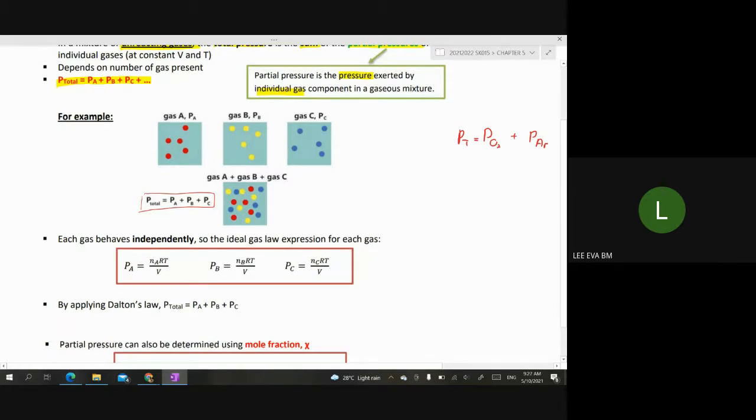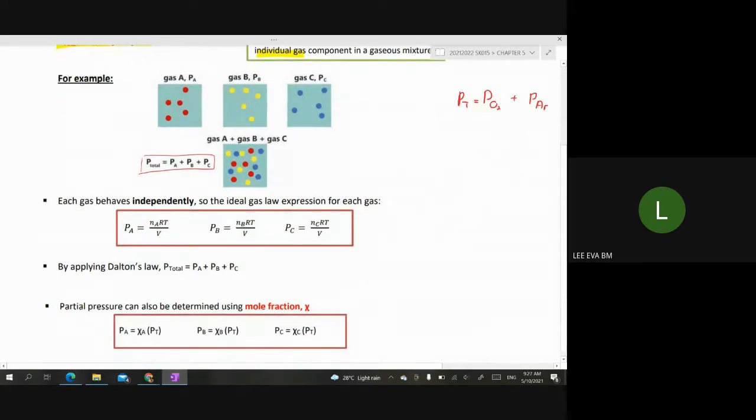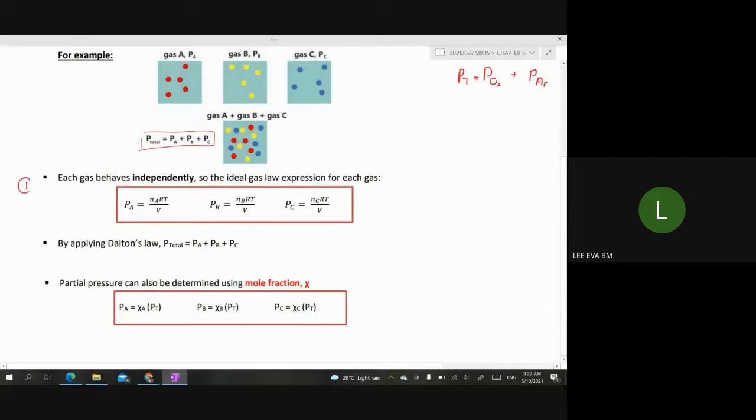Okay, so we have 2 methods to find each of the partial pressures. All right, so the first method is over here. Each of the gases behaves independently, so we use the ideal gas law expression for each gas. If you want to find the partial pressure for A, then we apply PV = nRT, but we rearrange it to make pressure the subject.